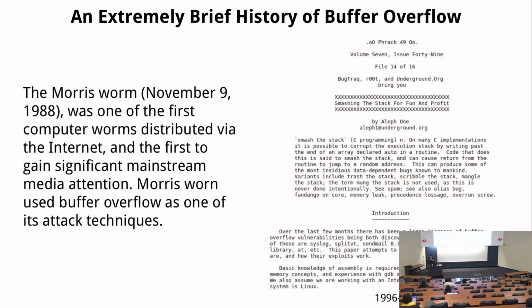So a little bit of history about buffer overflow. Back in 1996, there was a publication in Phrack. That was an online journal. The journal still exists, but it's not that important anymore.